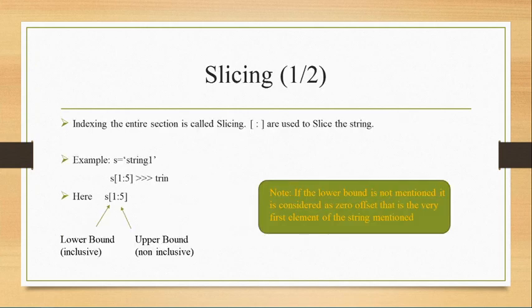Now slicing. Indexing an entire section is called slicing. In indexing, we access only a single element from the string. When we access a section of indexes, that is more than one index, it is called slicing.